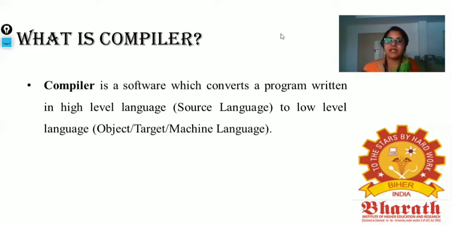It converts the high-level language into the low-level language or the machine readable language, which can be easily understood by the computer, and then it executes, then it gives the output.